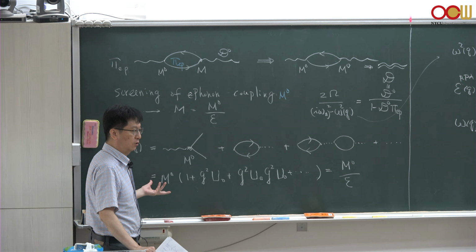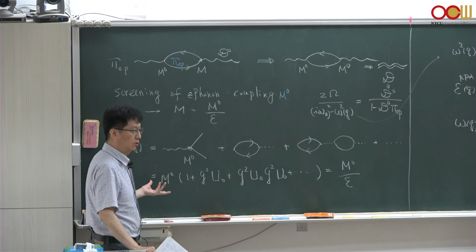So as a result, we could consider not just one bubble correction, but many bubbles. Say we can insert at this vertex point two bubbles and three bubbles and up to n bubbles, and n goes to infinity, and we could sum over all such electron hole bubbles, and also this Coulomb potential in between those electron hole bubbles.